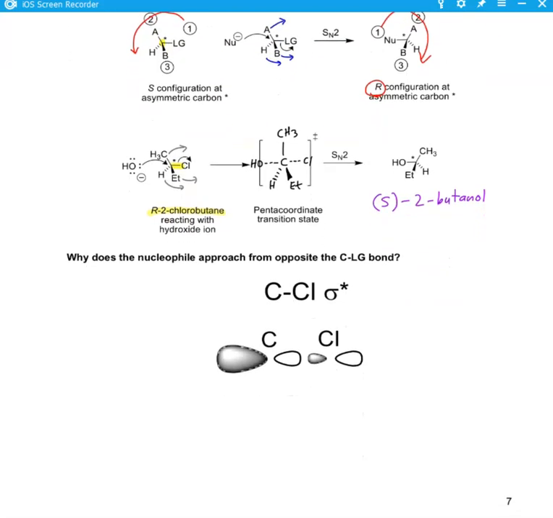Now what we're interested in next is why the nucleophile approaches opposite the carbon-leaving group bond. To understand that, we have to understand what's going on with the orbitals, the HOMO and the LUMO, in the reaction. So if it's the reaction of hydroxide ion with R-2-chlorobutane, let's assign the HOMO and the LUMO. So the HOMO is going to be in the nucleophile, as we've seen previously.